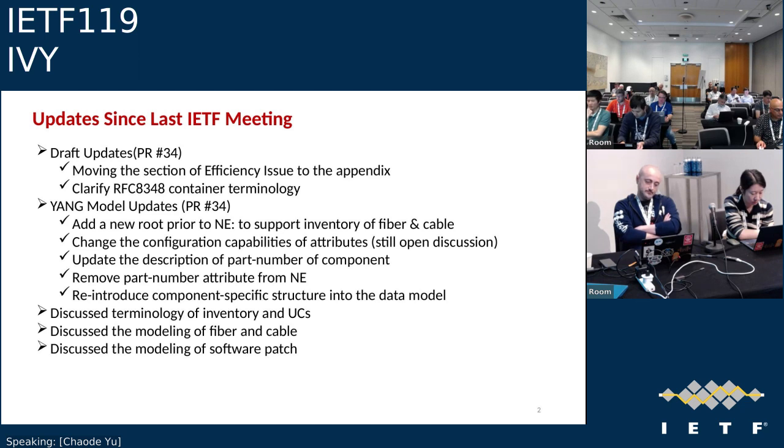This update includes adding a new root prior to the network element node. The reason we need this new root is to support the modeling of fiber and cable inventory. We also changed the configuration capability of attributes after a long discussion.